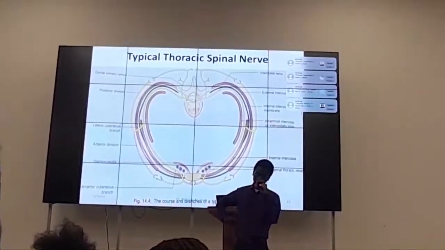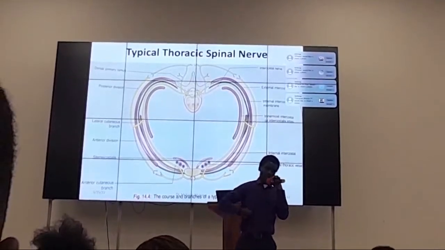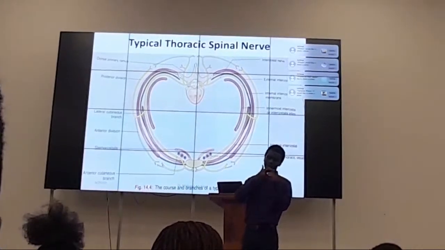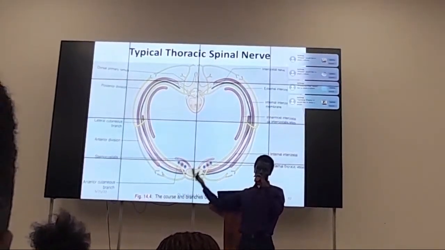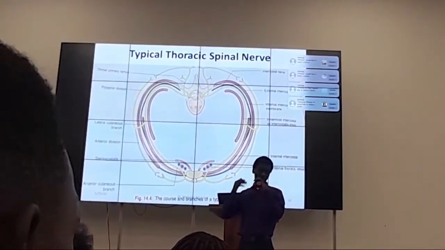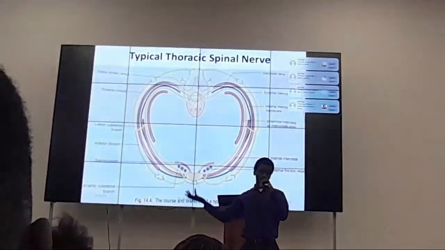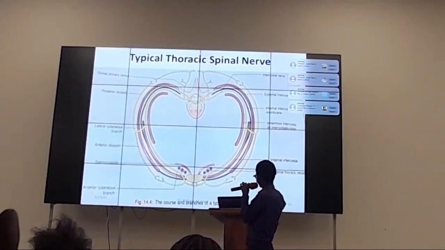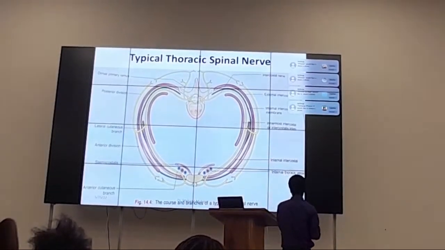These, what do you think? These are coming from primary ramus or dorsal ramus? From ventral or dorsal ramus? From ventral, okay? So this is a picture to show you the intercostal nerve.